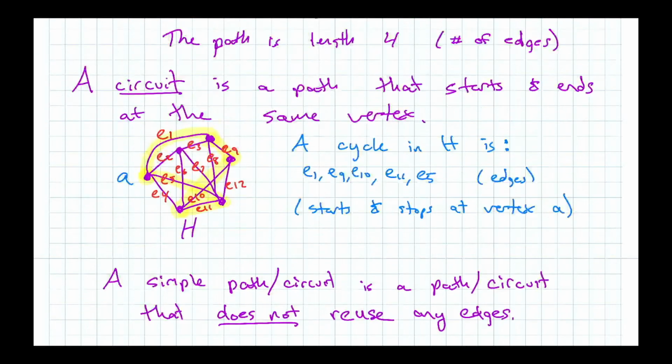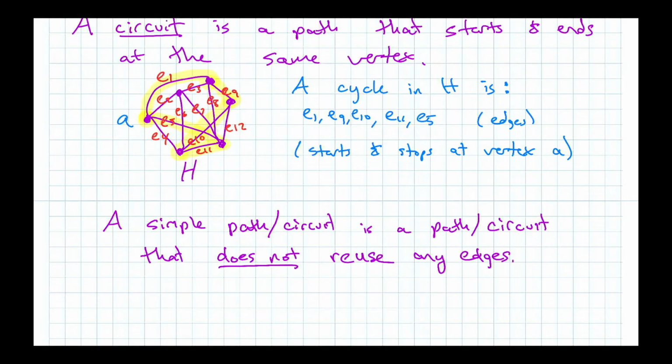So all of the edges were not reused here. I only went on E1 once, E9 once, E10 once, E11 once, E5 once. We didn't reuse any of them, right? There's no E1 and then another E1 and then another E1, nothing like that. And that's what it means to be simple, that it does not reuse any edges.